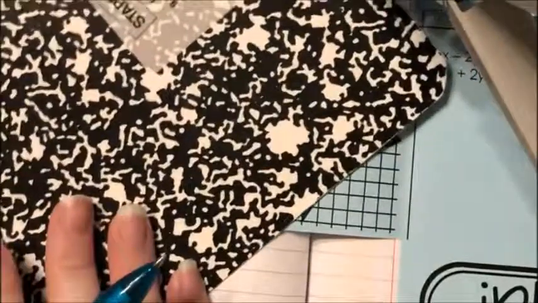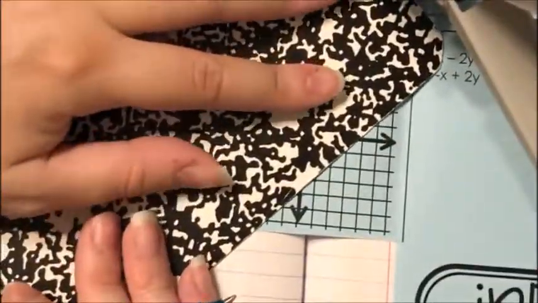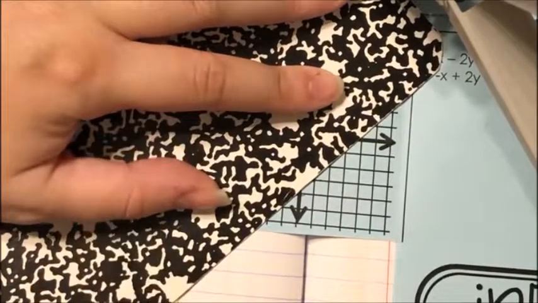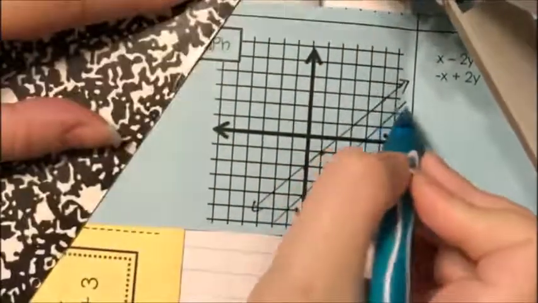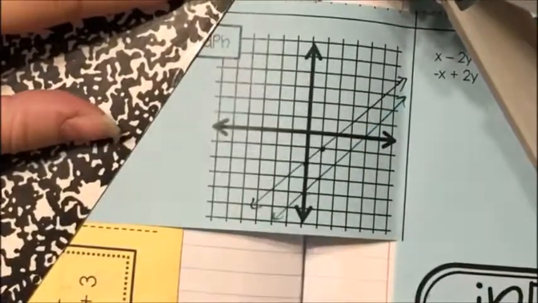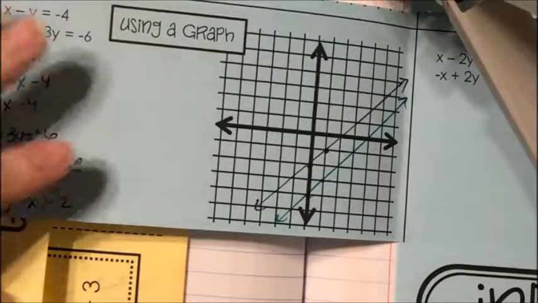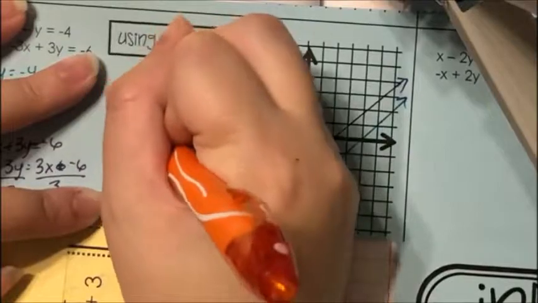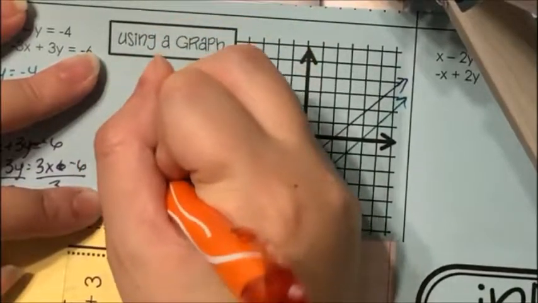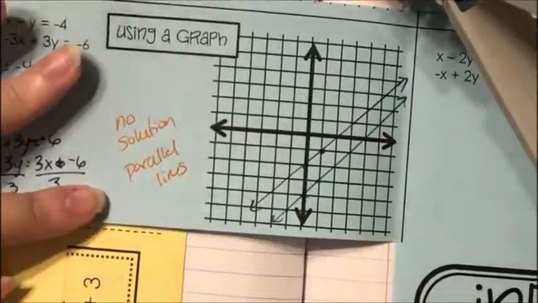Up 1 over 1. So they are parallel. Okay. So that means there is no solution. Parallel lines.